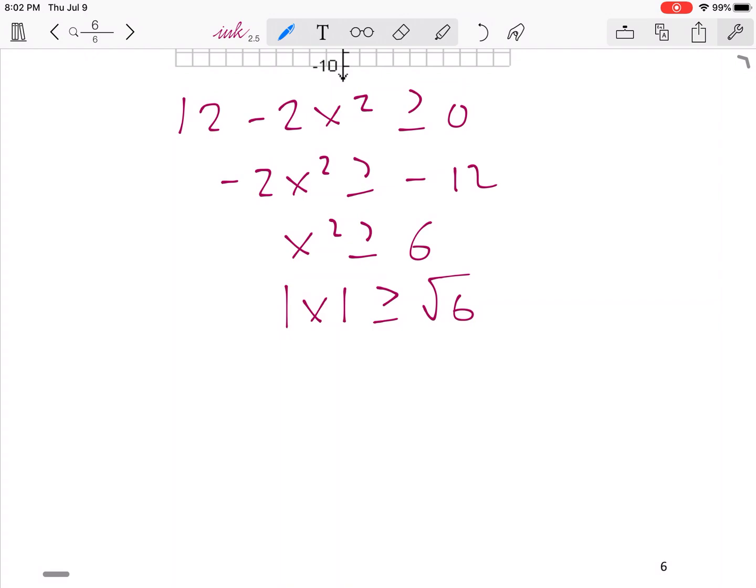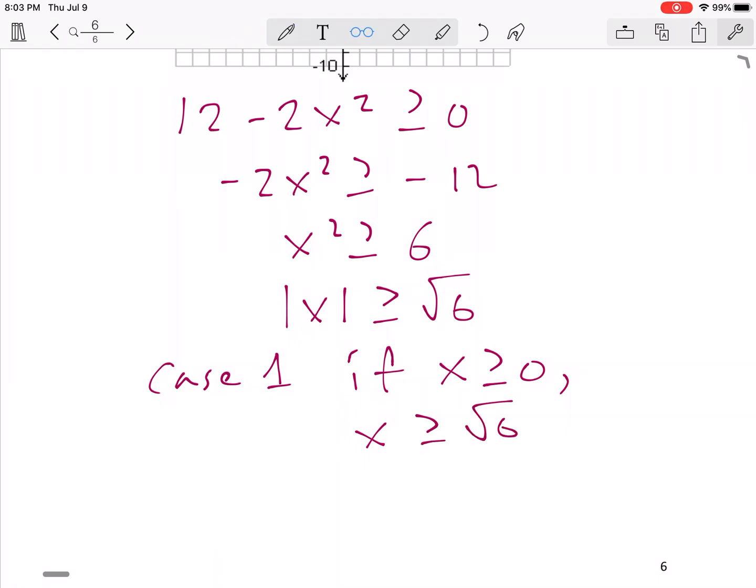So case one, if x is greater than or equal to 0, so x is a positive number, then your value has to be greater than or equal to root 6. So this is just following with the absolute value.